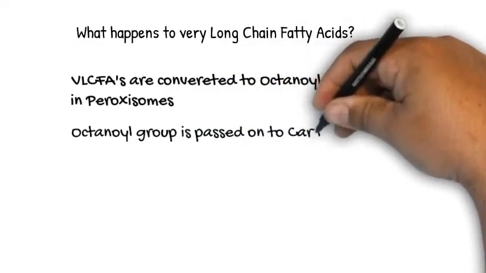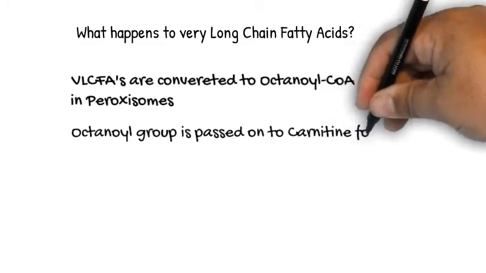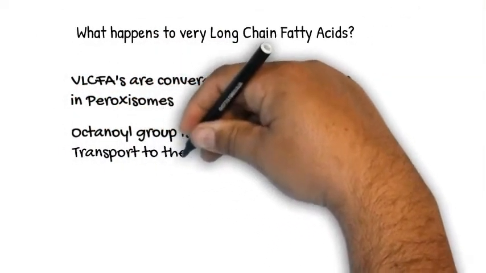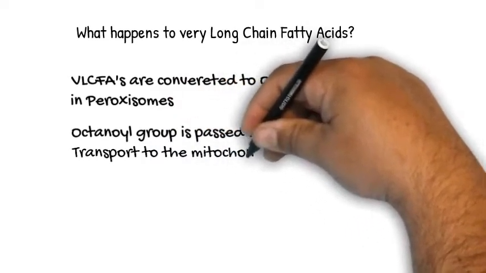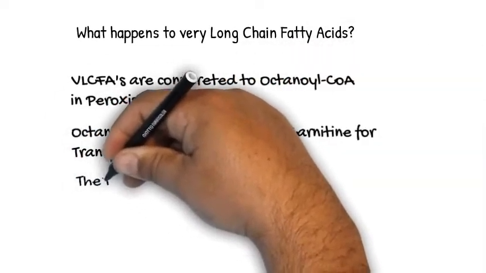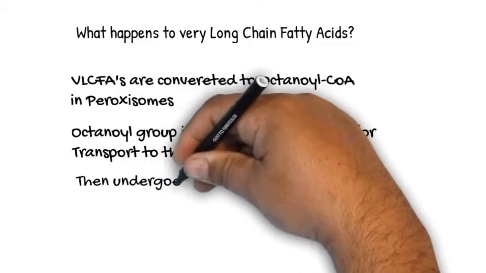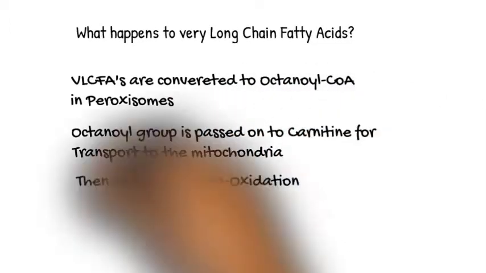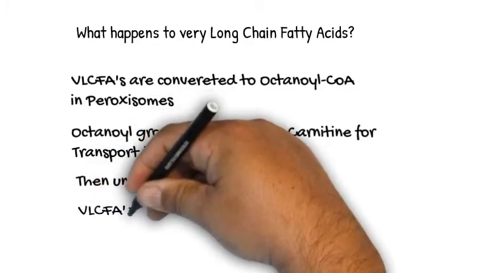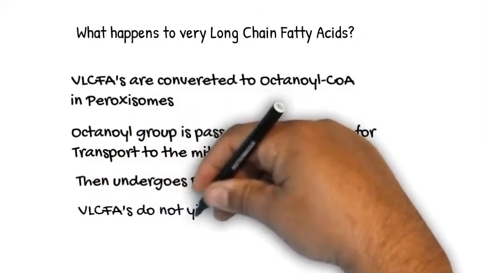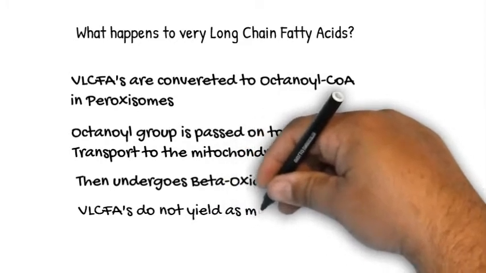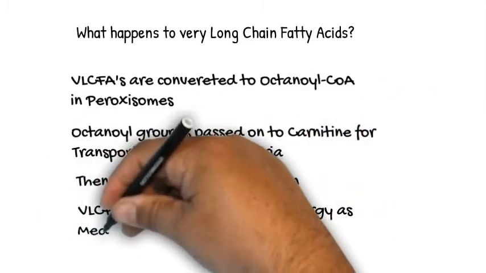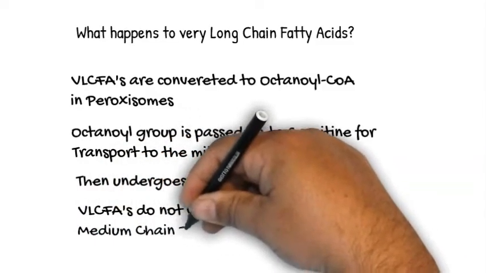And once these are broken down to the octanoyl-CoAs, it goes back to the mitochondria for beta oxidation, and I must point out that going through this method, the very long chain fatty acids do not produce as much energy as the medium chain fatty acids.